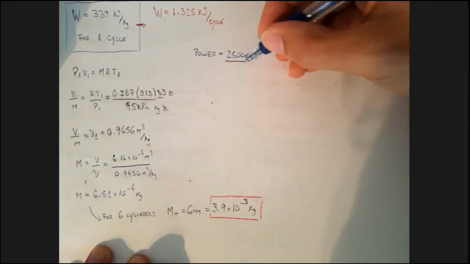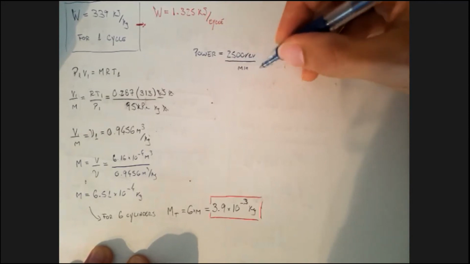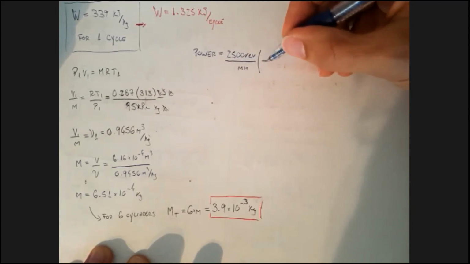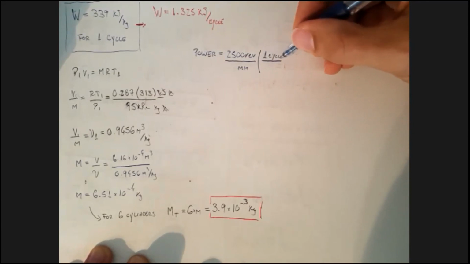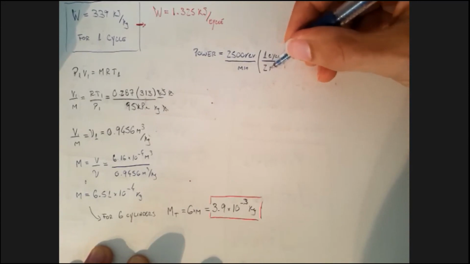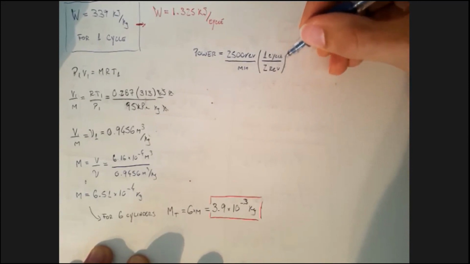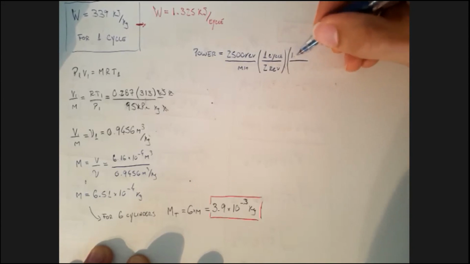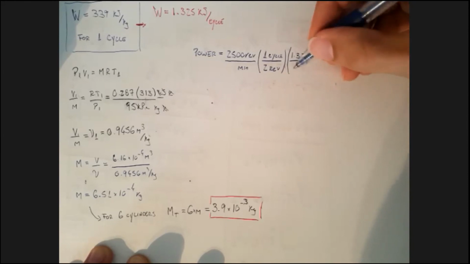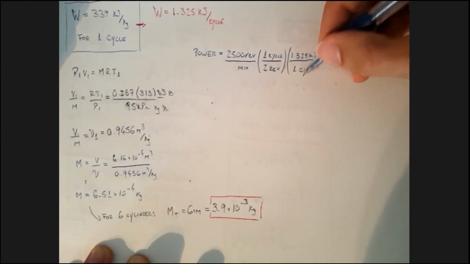So the power, if we're doing 2,500 revolutions per minute, and we know that there are how many revolutions for every cycle? For every one cycle, there are 2 revolutions from what we saw in the video in the beginning. And we know that this is producing 1.325 kilojoules for every one cycle.